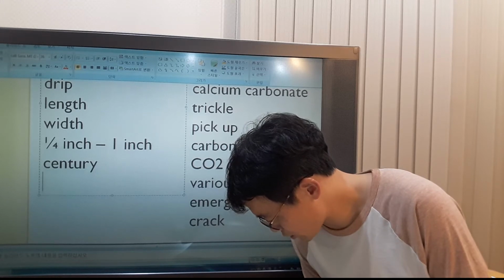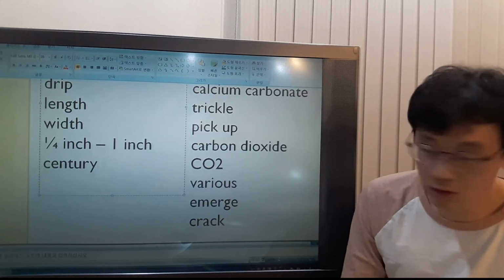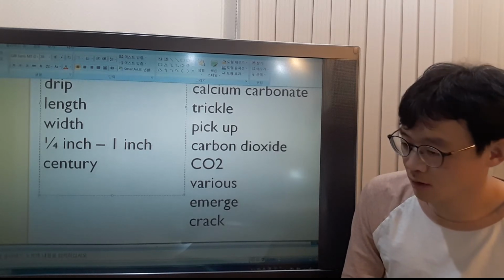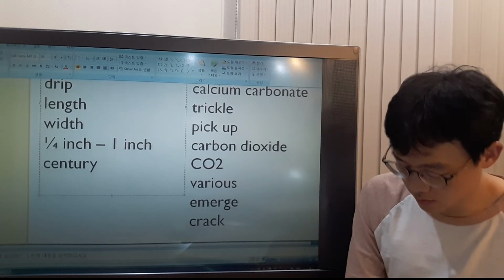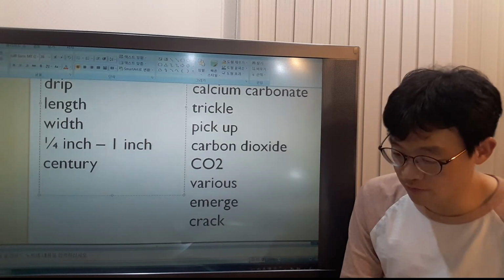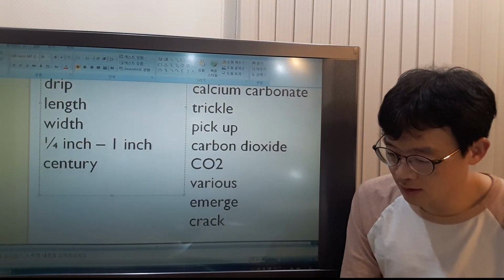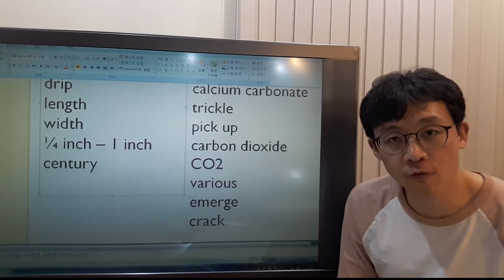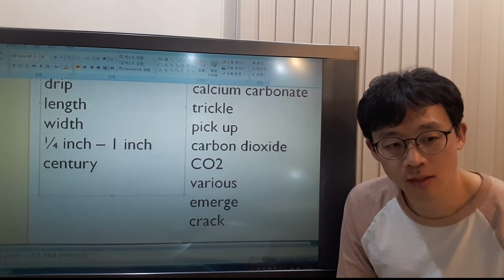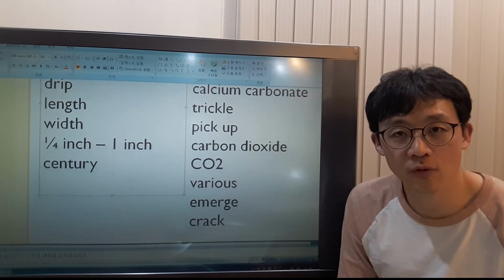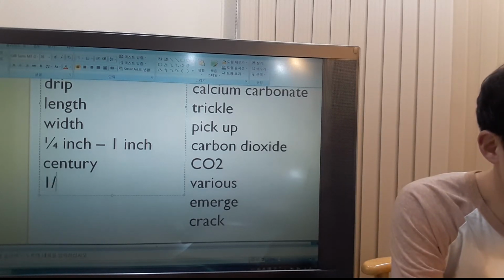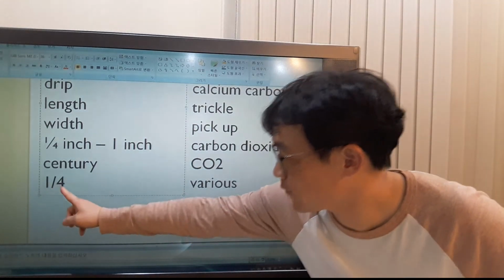They only grow about 1/4 of an inch. 1/4 is 1/4. That 1/4 means what? If you divide something equally into 4 pieces, one of them is 1/4. This is how you read it. 1/4.